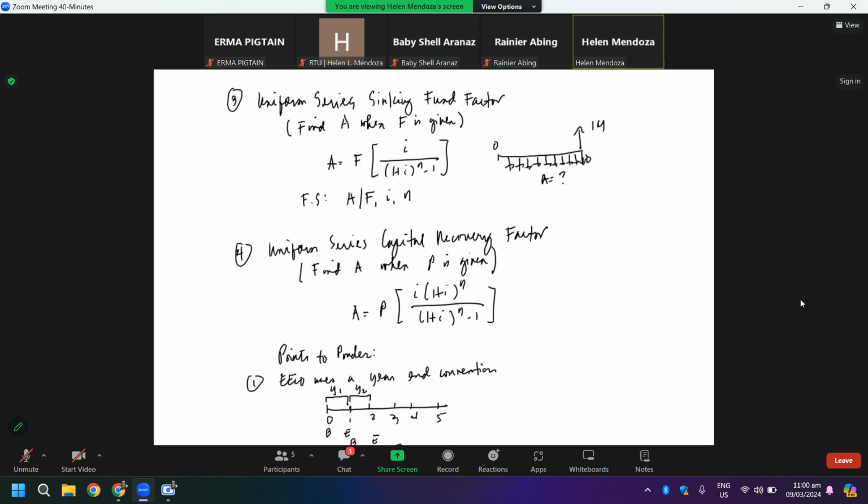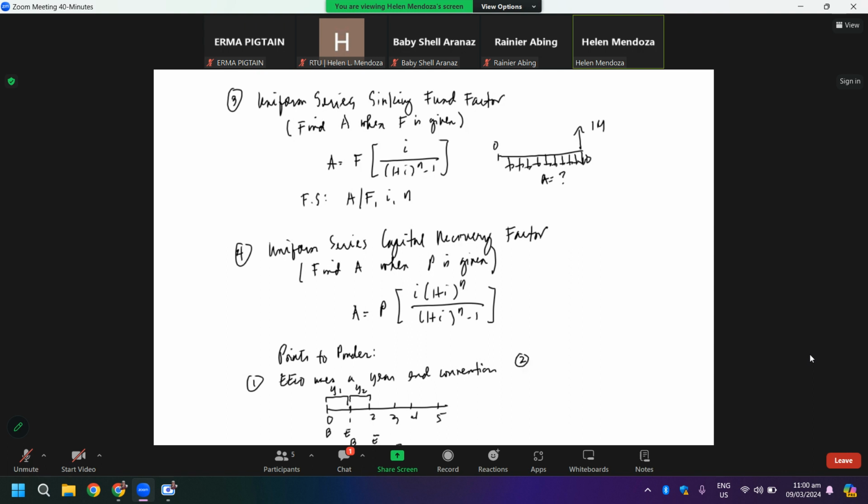Sometimes the students who draw the cash flow diagram start at 1, and that will make a lot of difference. Again, when we draw the cash flow diagram, we start with 0 because when we say year 1, the end of year 1 would always be 1, the end of year 2 would always be 2, and so forth and so on. That is, E-ECO uses a year-end convention.